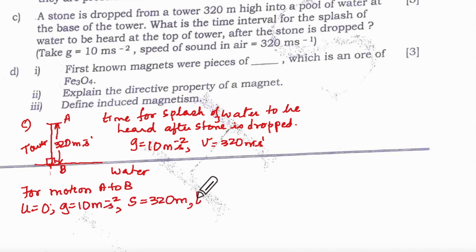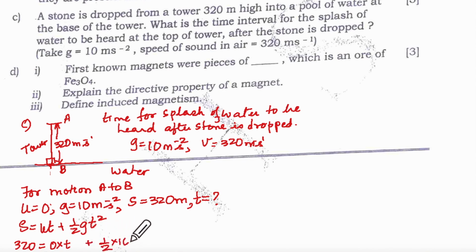So I must find out t equal to how much. Now s = ut + half at square, means I'll write gt square. Are you with me so far? Yes. So 320 is equal to 0 into t plus half into 10 into t square.